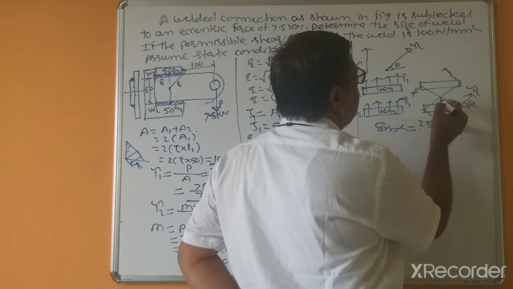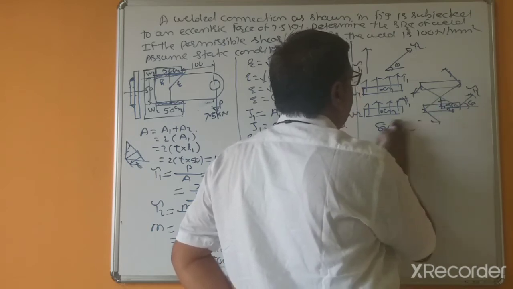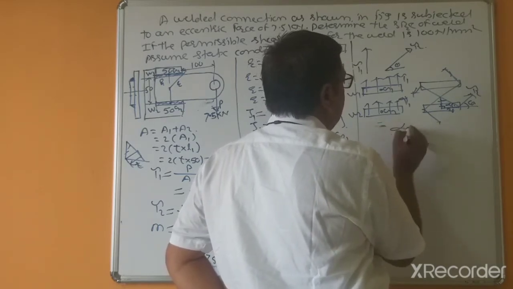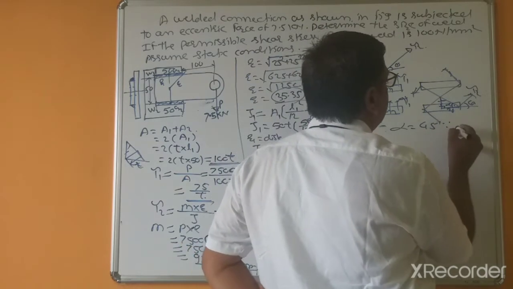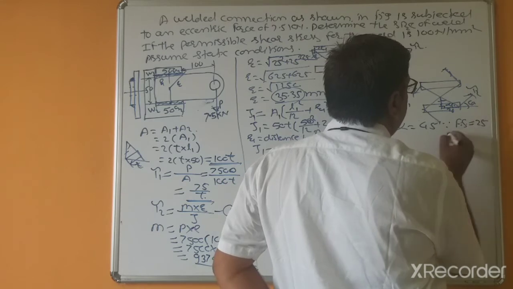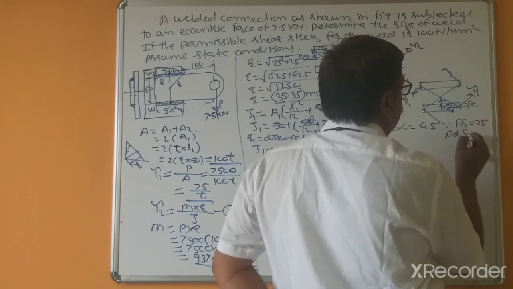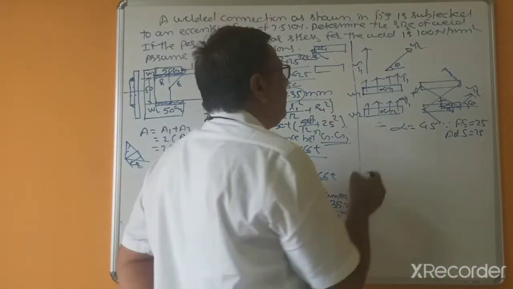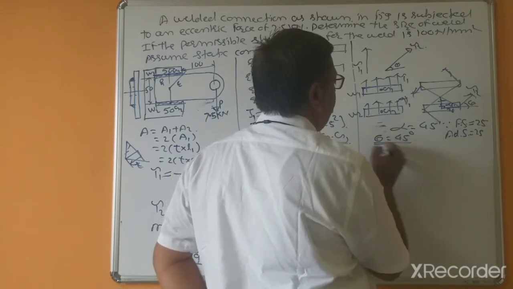This is 90 degrees, so this is 25, this is 25. That's why alpha equals 45, since the front side is 25 and the adjacent side is 25. Clear? So theta is also 45 degrees.